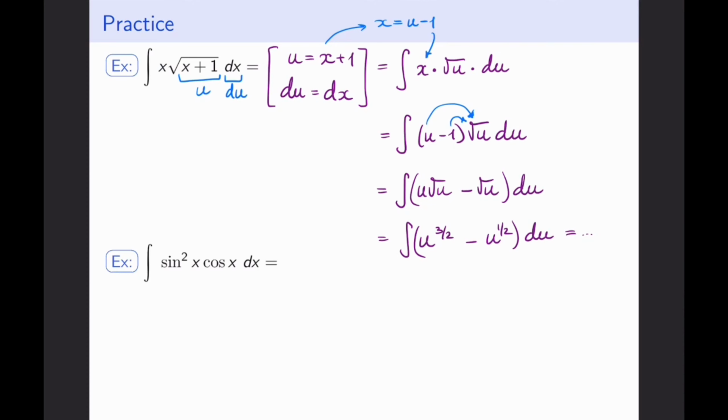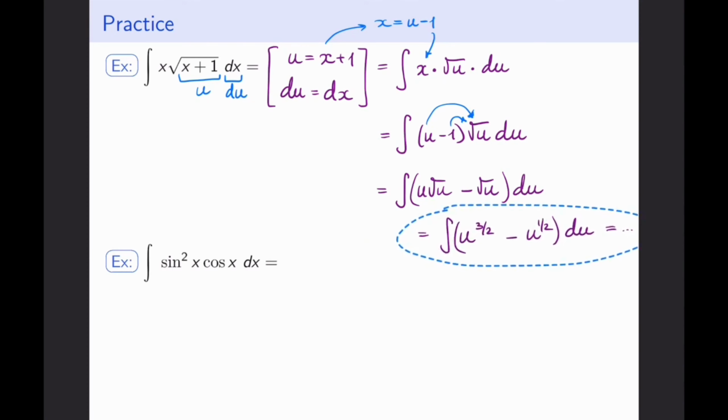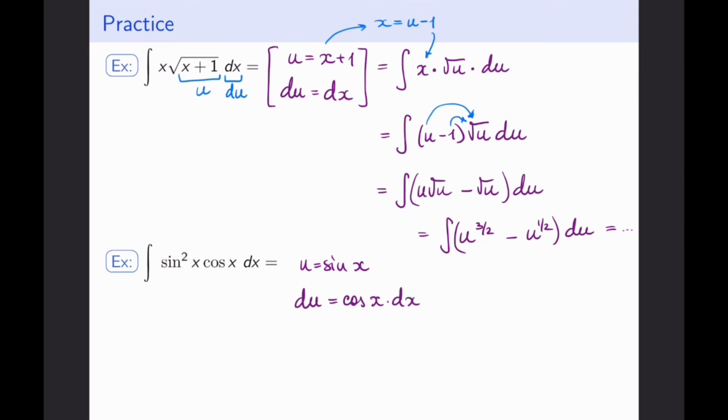Okay, so let's say that you are a good student and you actually did pause as instructed. And what are we going to get in terms of the substitution here? u equals sine x will actually work out. And it will work out really nicely and really quickly because the derivative of sine of x is cosine x dx. So what I notice in my integral right away is that if sine x is u, then this is u squared.